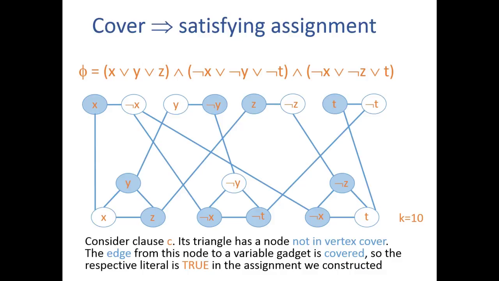This clause is satisfied because it contains literal t. And why is that literal true? Well, that literal is true because the edge adjacent to that node in the triangle is covered. If it's covered, it cannot be covered from this side, so it's covered from the other side, and it being covered from the other side means that in our assignment, we selected y to be false.